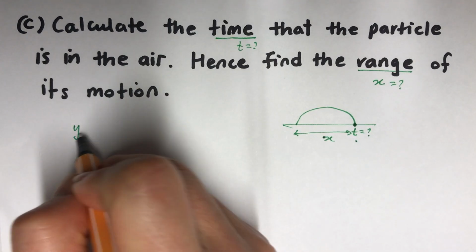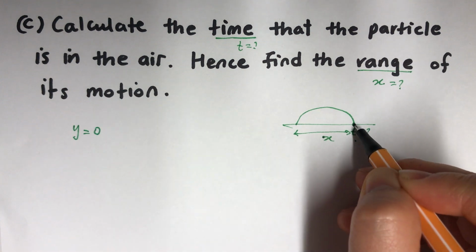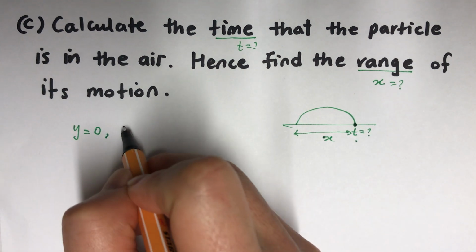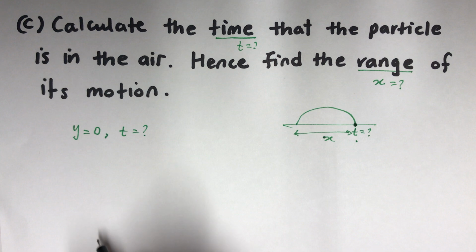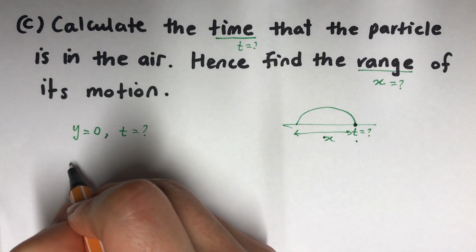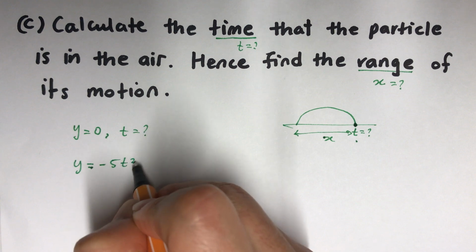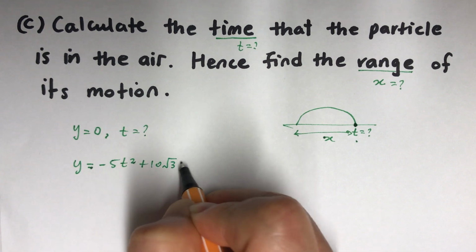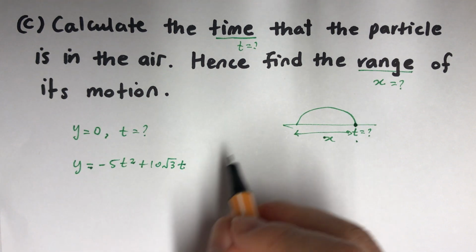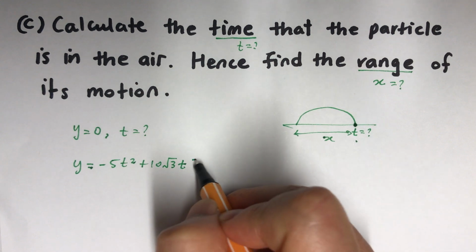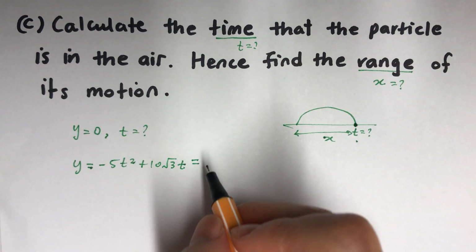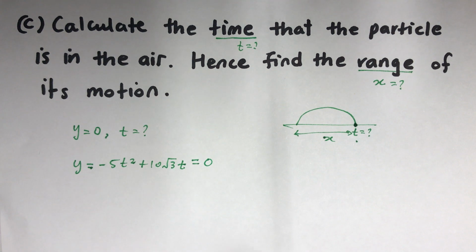So y will be 0 right there, isn't it? And we have to find a t when y equals 0. So what was y? Y was minus 5t squared plus 10 root 3 t. It might be a good idea to write all the expressions on the side as we go, so we can remember.